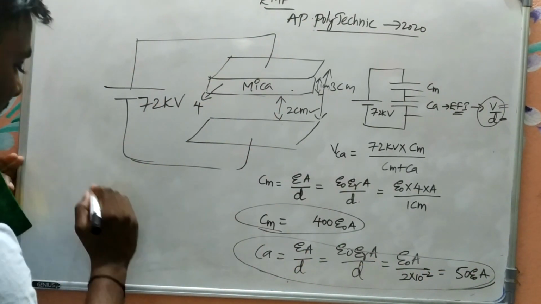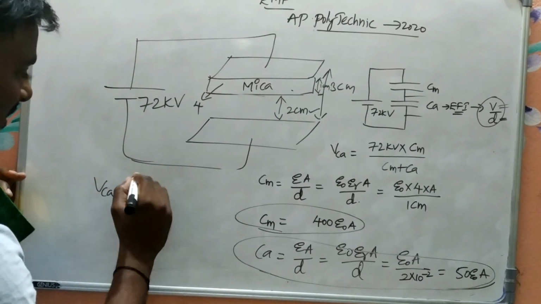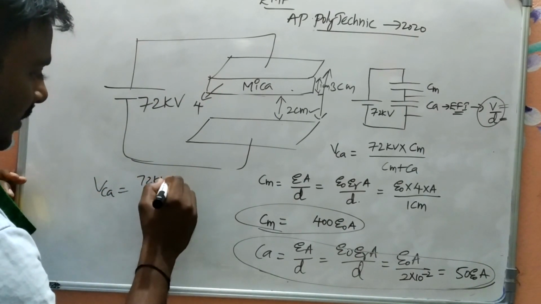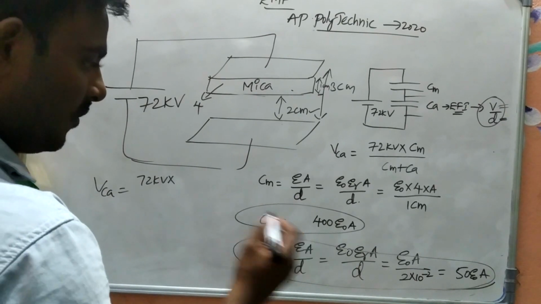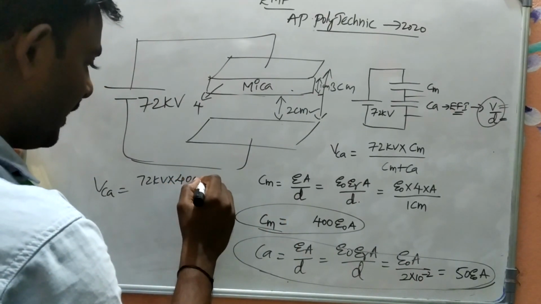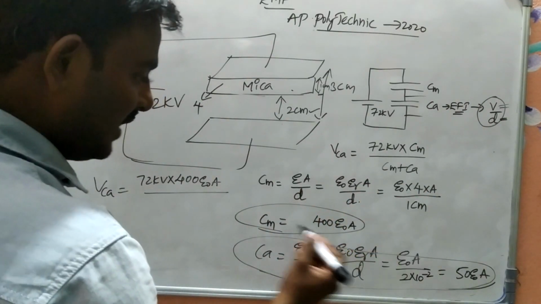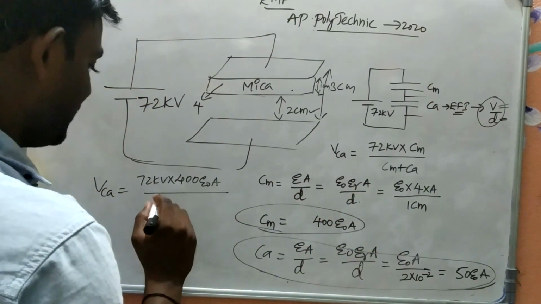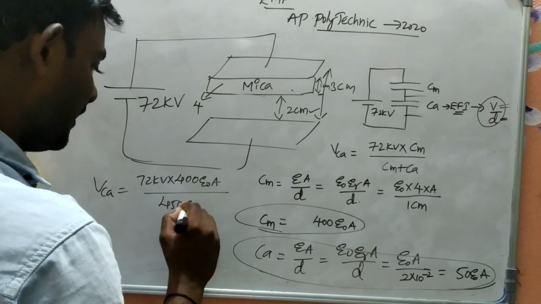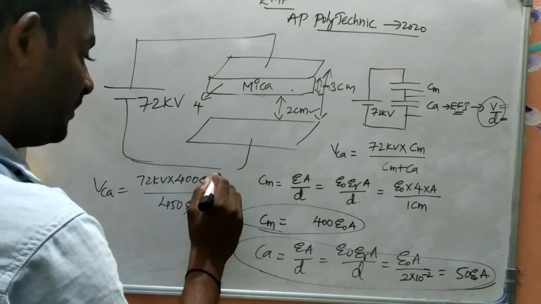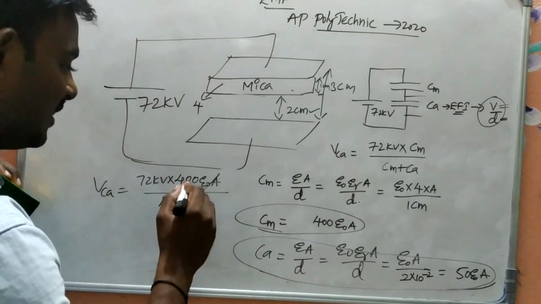How can you find VCA now? VCA is 72 kilovolt into Cm, which is 400 epsilon naught A, divided by Cm plus Ca. Cm plus Ca is 400 plus 50, 450 epsilon naught A. So epsilon naught A gets cancelled.